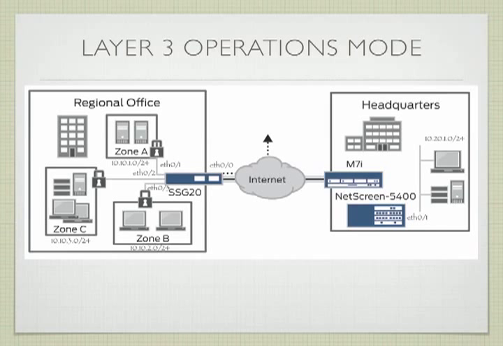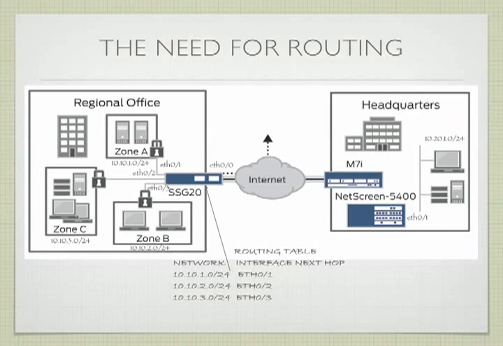So as a result of having 3 zones and subnets in the regional office, we have connected routes on Ethernet 0/1, Ethernet 0/2, and Ethernet 0/3 at the regional office. Now, these interfaces then are configured with these IP addresses, and just by virtue of configuring an IP address on an interface, your ScreenOS device will create a route for those networks that are connected to the device.